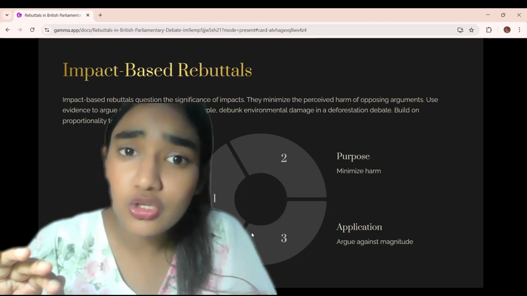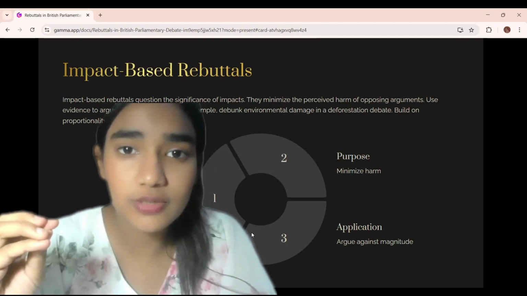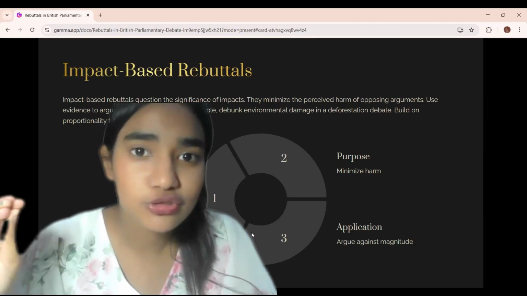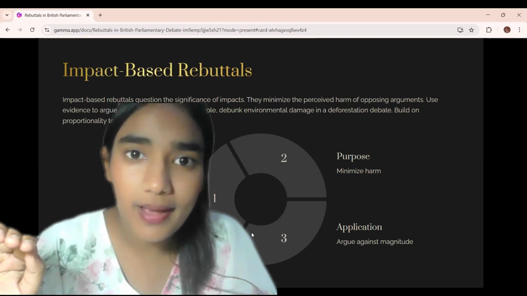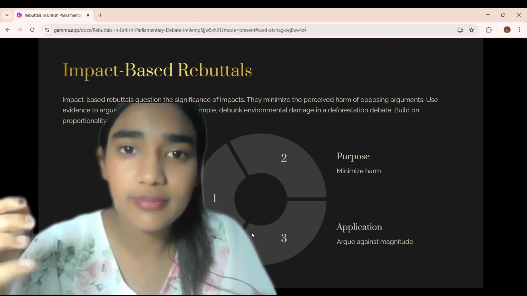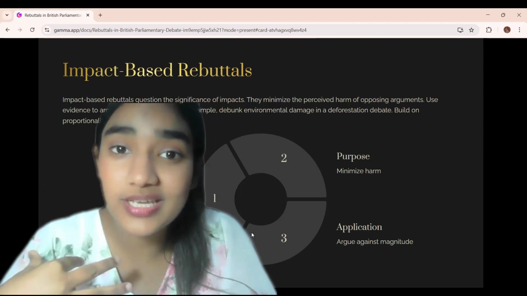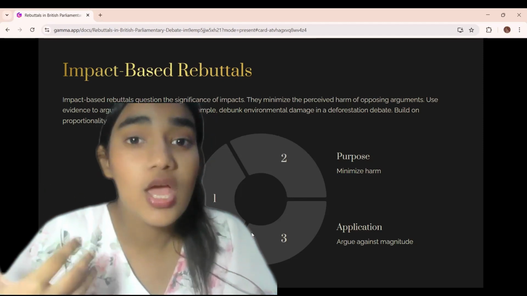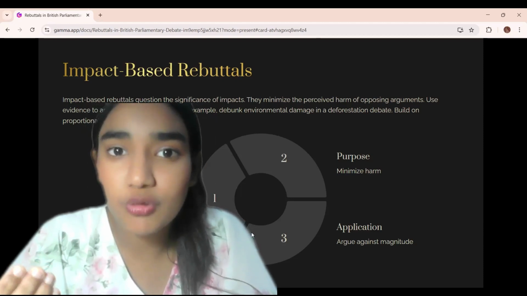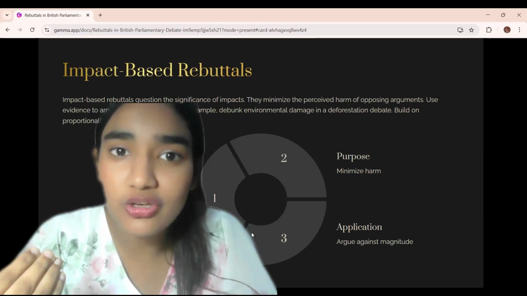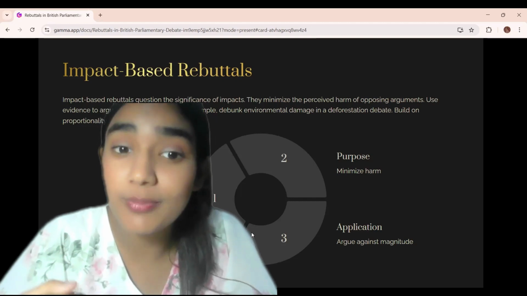If your opposition makes an argument and they tackle probability, you have to tell them, no, the probability of that happening is in the short term, and you just have to prove to the judge that what I am saying has a higher probability to happen. Now if they take magnitude, you just have to prove that their arguments have no magnitude where I have the magnitude.